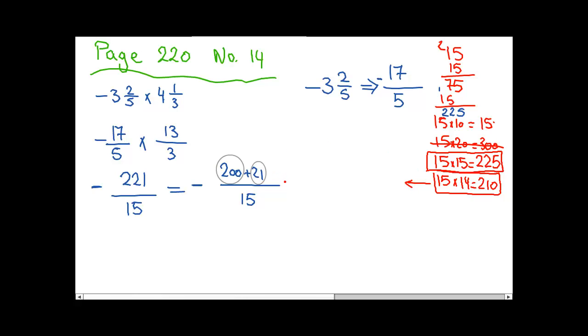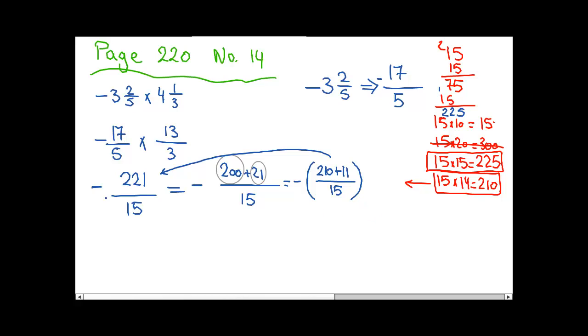So this is the number I am going to work with, 210. So we change this question now into -210 plus 11, because we want it to be 221, remember? 210 plus 11 over 15. Now again, why did I do that? Because the 210 over 15 will give me a whole number, 14, which is the whole point of mixed numbers.